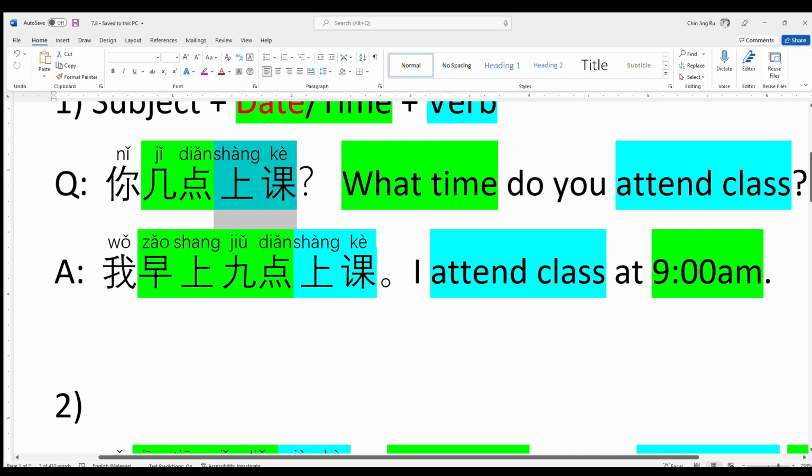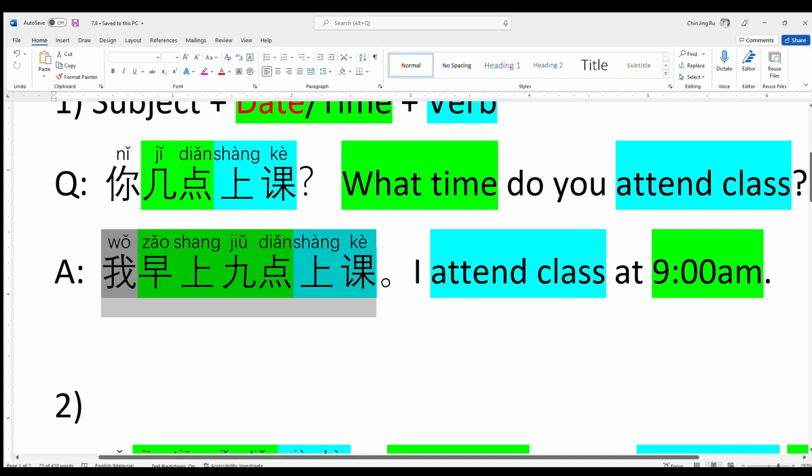Okay. Now, if you want to answer, you also follow the same pattern, the same structure. I attend class at 9 a.m. So you say, 我早上9点上课.